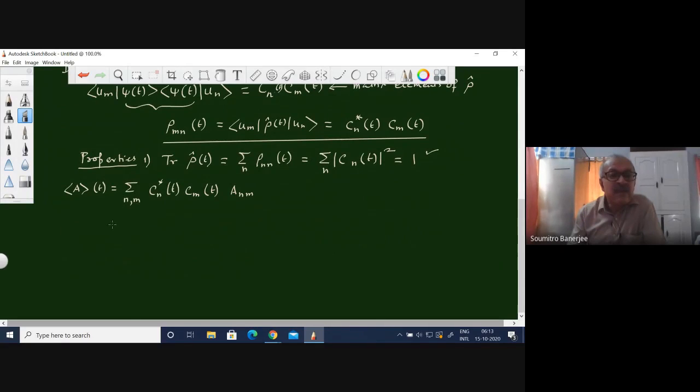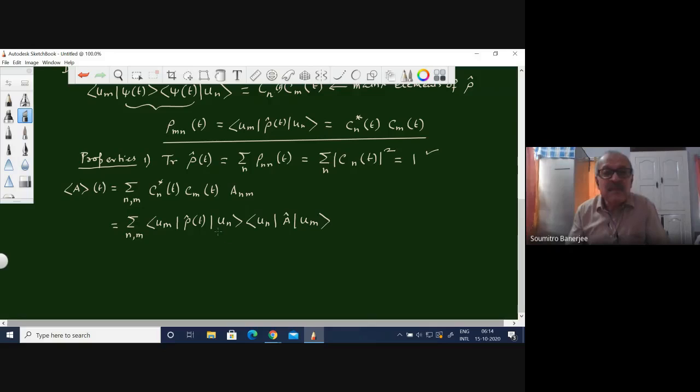Now, this is equal to the sum over n comma m of, as you have already seen, rho mn, and this is the nm matrix element of A, so un A um.